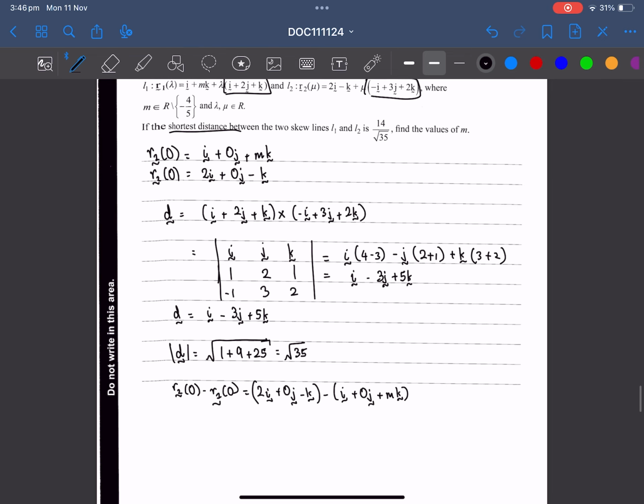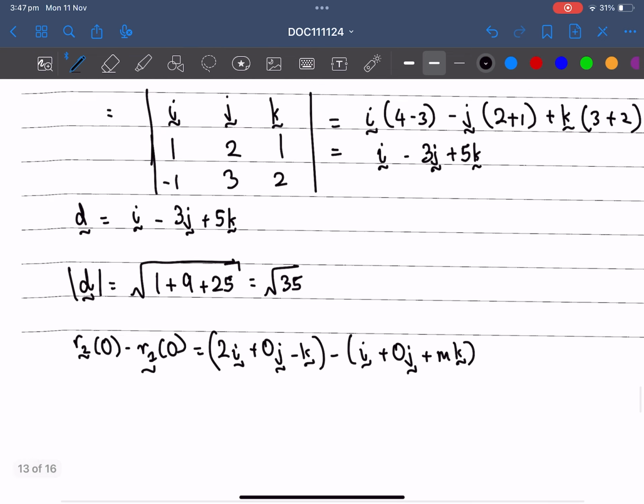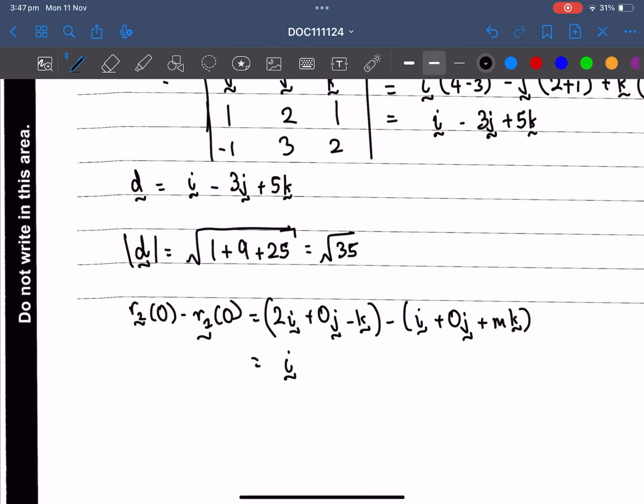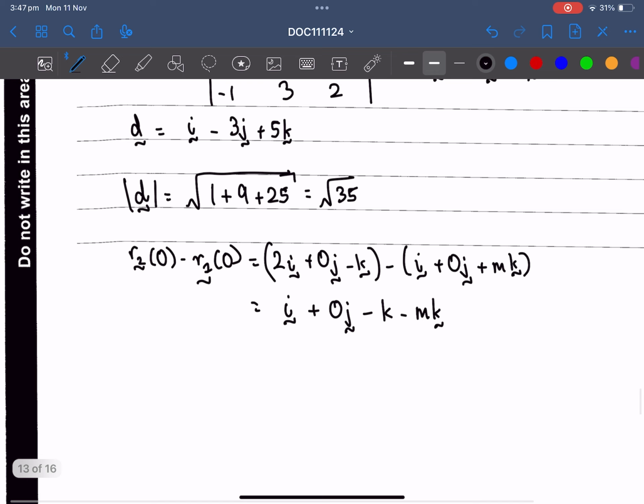Copied right? Yes, I did. Okay. So we'll get i plus 0j minus k minus mk. So we can express this as i and minus k, 1 plus m.